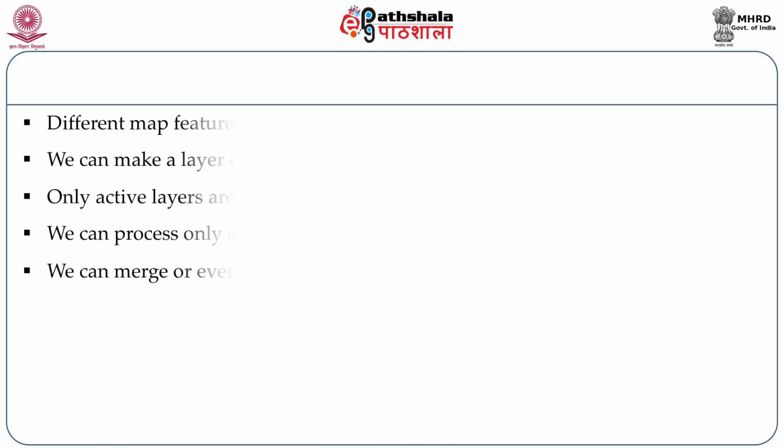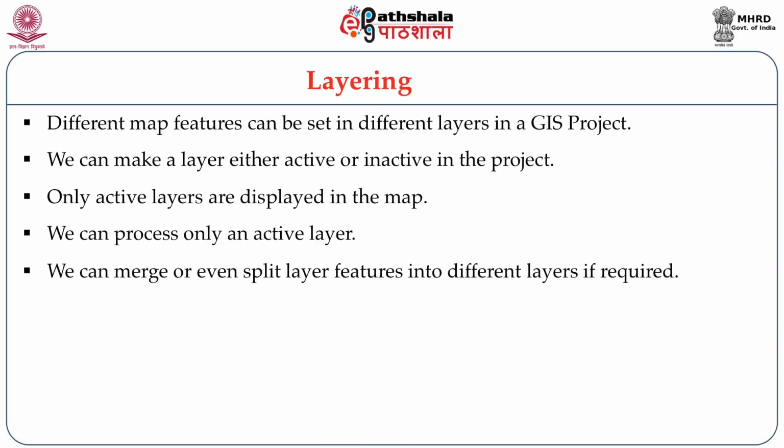So if you want to do further processing with the data that is incorporated in the layer, we have to make that layer active. So only an active layer can be used for processing the data. And then there is also the possibility of merging or even splitting layer features into different layers if required.